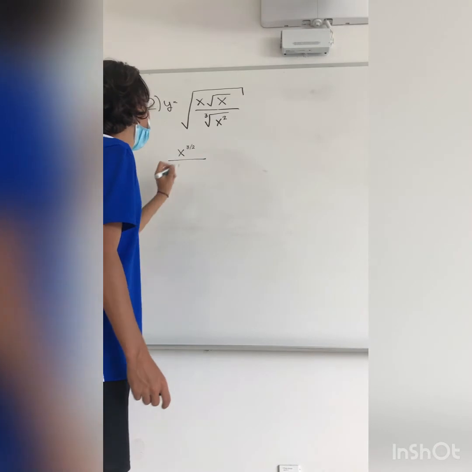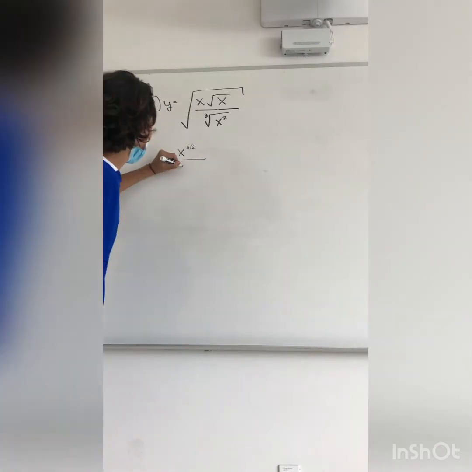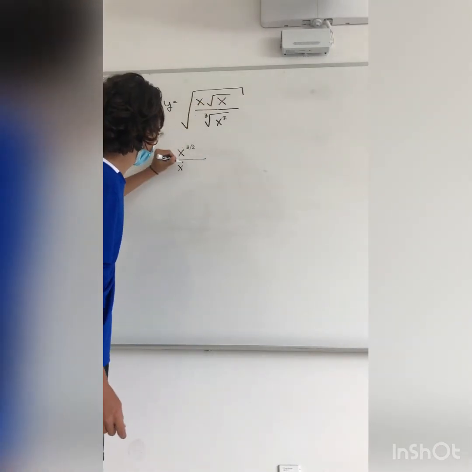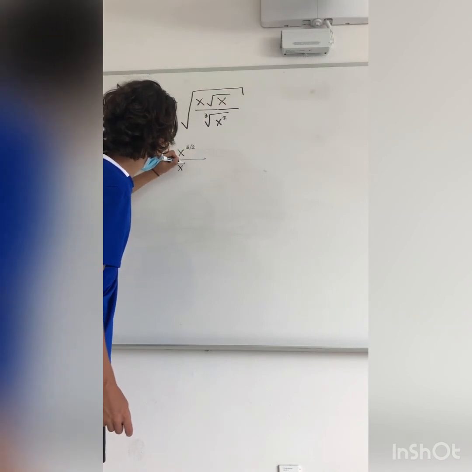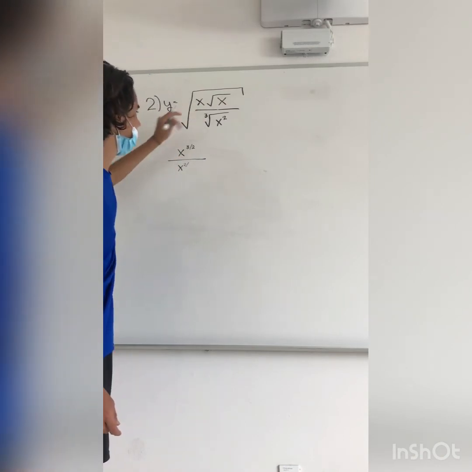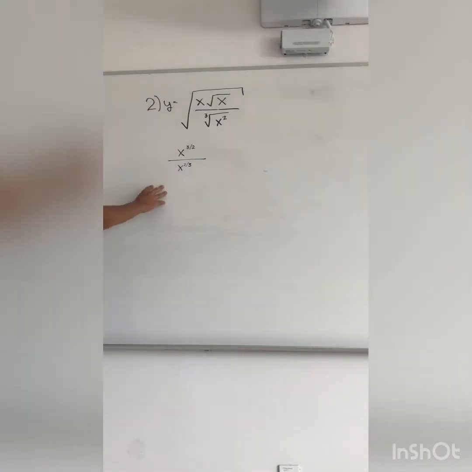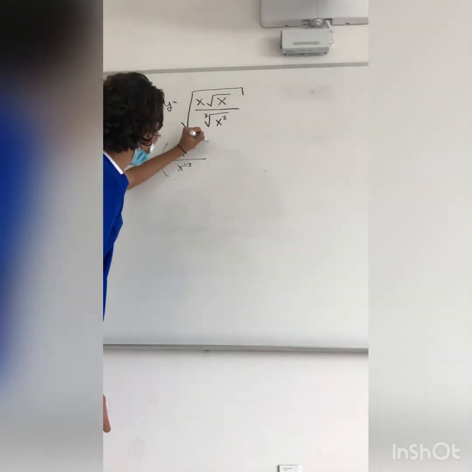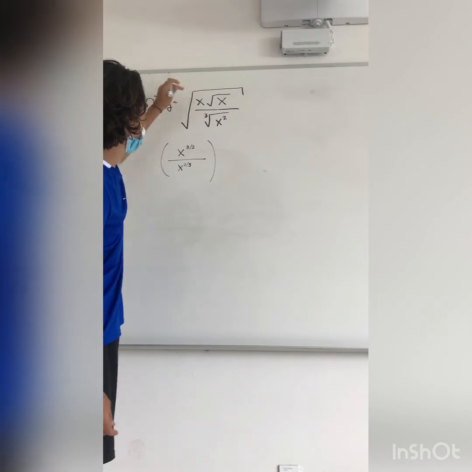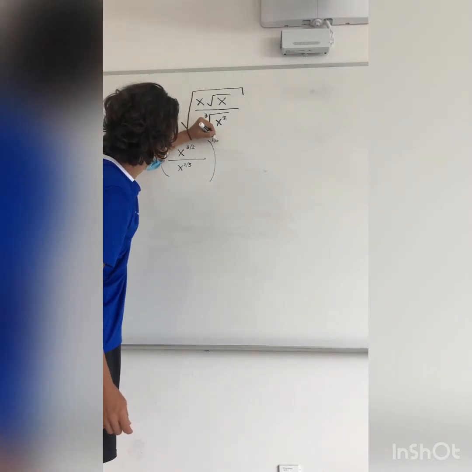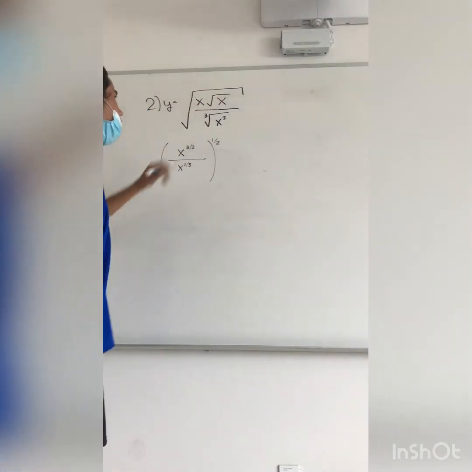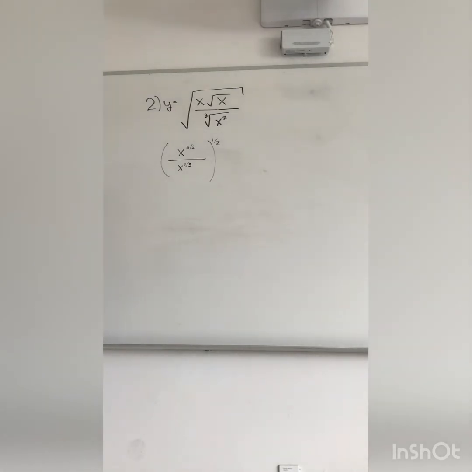This is all divided by x to the 2/3, because it's a third root. Now that we have this, that is everything to the 1/2, because it's a square root over all the equation.